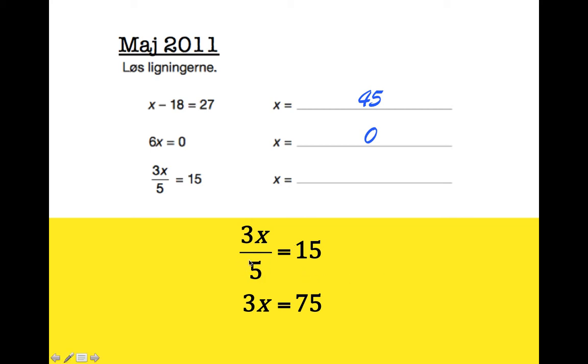Then that cancels out dividing by 5 on the left-hand side. But on the right-hand side, we still need to multiply by 5, so 5 times 15 is 75. 3x is 75, divide everything by 3, x equals 25.